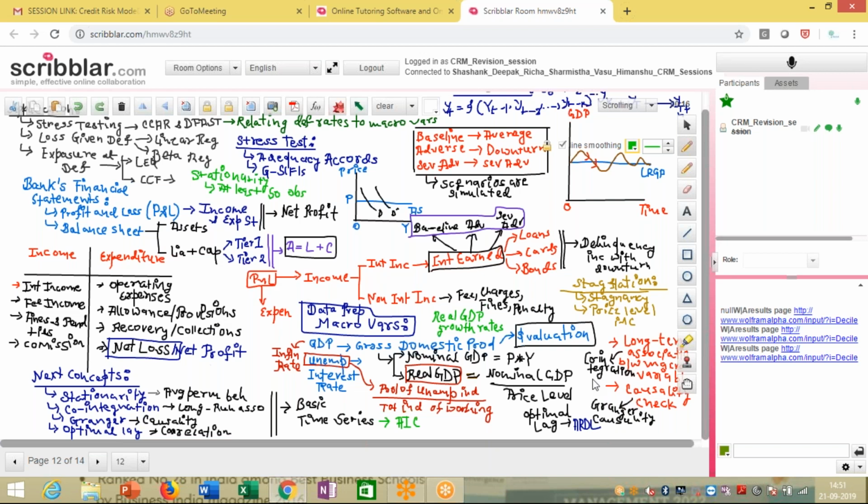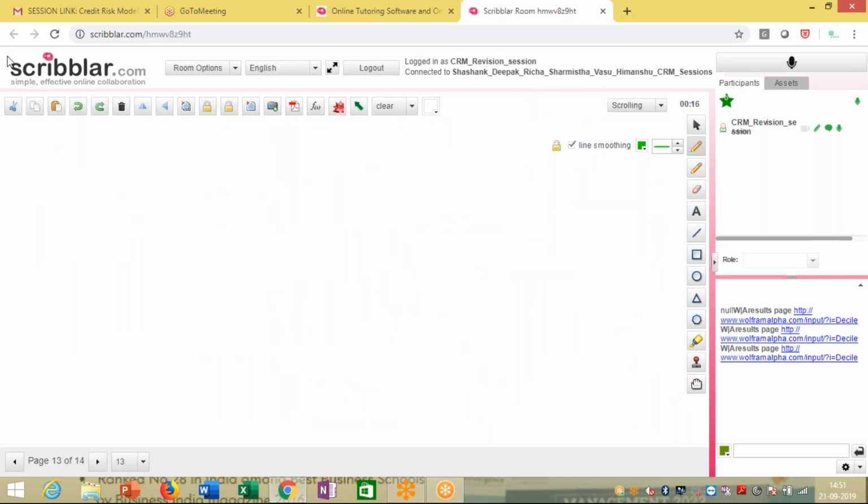Okay, so let's start off talking about the concept of stationarity. Let's say I have a GDP series, so let me plot a hypothetical GDP growth rate series.